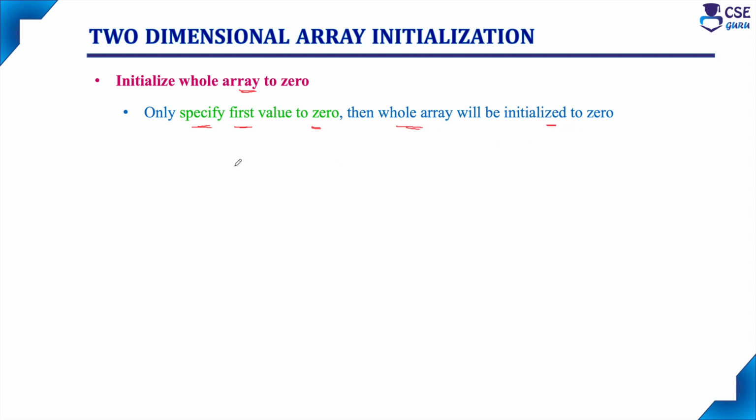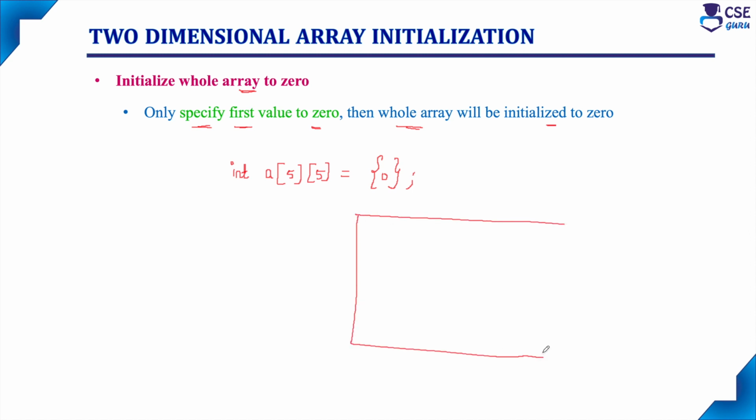Okay. So for example, int a[5][5]. That is, row size is 5 and column size is 5. Here, we need to specify only one 0 within the set bracket, then give a semicolon.